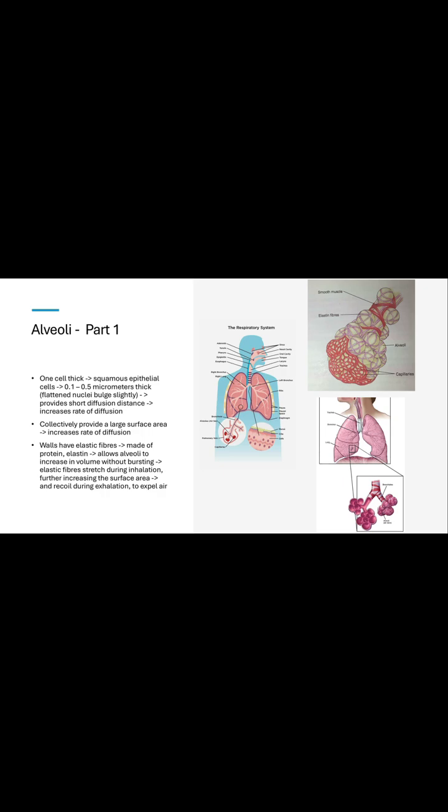So the first adaptation that we generally learn is that they're 1 cell thick, and we know that these are squamous epithelial cells. So this essentially means that the cells are flattened and their nuclei do bulge slightly because of this. In case Cambridge asks you for the measurements, it is 0.1 to 0.5 micrometers thick, and it provides a shorter diffusion distance, which, as we know, increases the rate of diffusion.